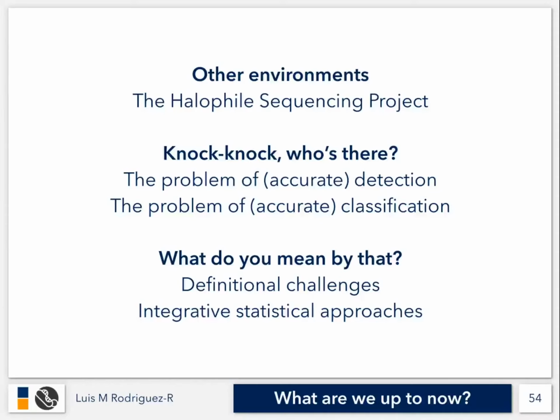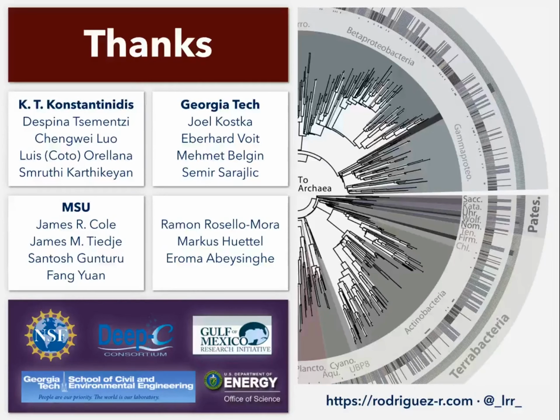So we're working on it in the lab, and we're also working on the problem of classification and nomenclature, how to classify and name these organisms that we cannot grow in the lab but that we know exist because we have their genomes. And finally, we're working on definitional challenges and integrative statistical approaches to put all these different concepts into common frameworks.